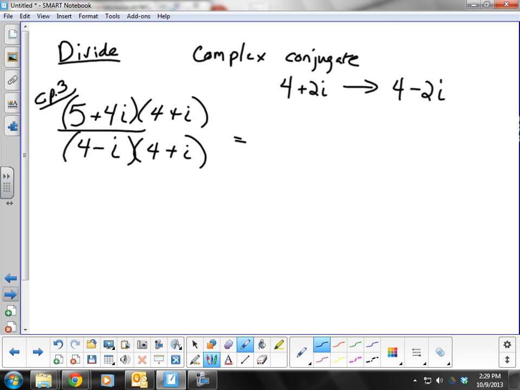So I'm going to do the distributive property or the full, whatever you want to call it. So I've got 20 plus 5i plus 16i plus 4i squared. Everybody see that? Y'all get it?